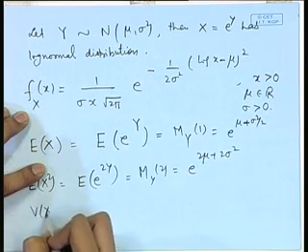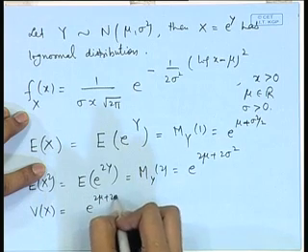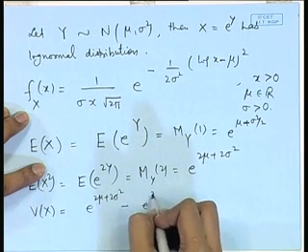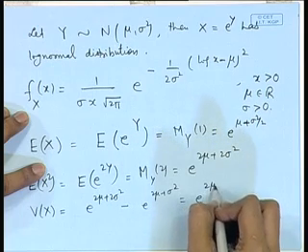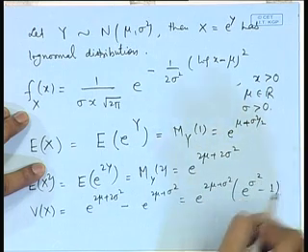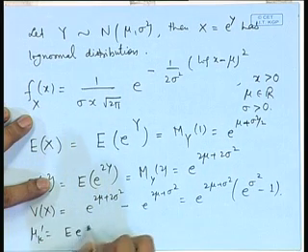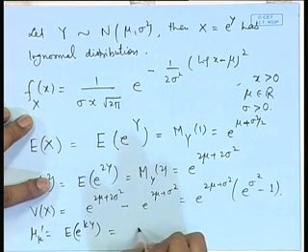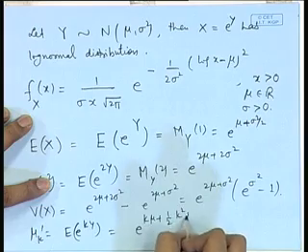That means variance of x is equal to e to the power 2 mu plus 2 sigma square minus the square of the mean. In general, mu k prime is equal to expectation of e to the power ky, that is equal to e to the power k mu plus half k square sigma square.